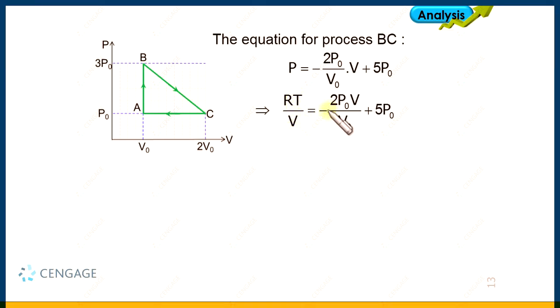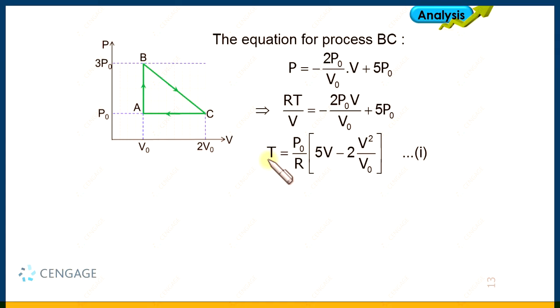If we cross multiply by V and divide by R, this temperature relation will become T equal to P naught divided by R, and in brackets 5V minus 2V square divided by V naught. That means the temperature depends on the volume. T is the dependent variable, V is the independent variable, and here we need to calculate the maximum temperature.